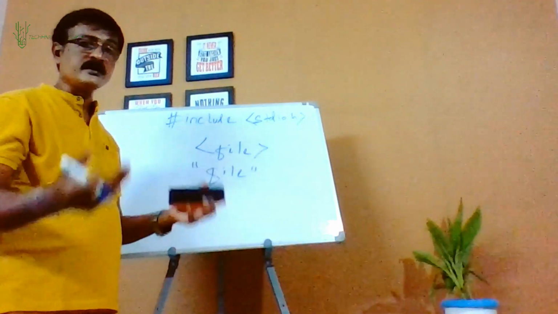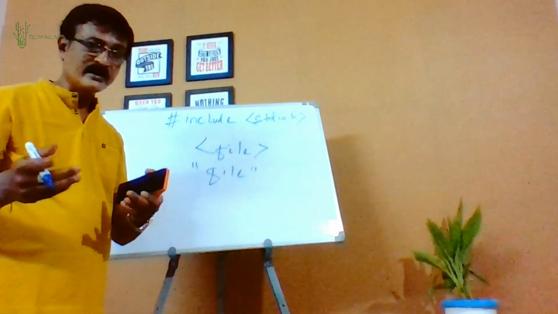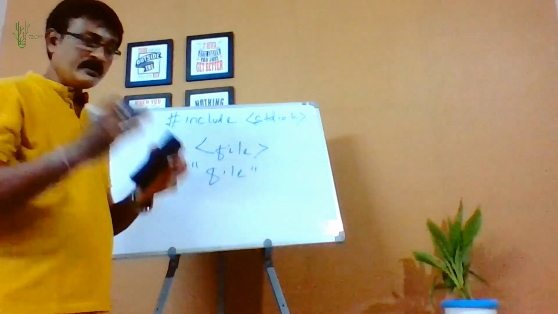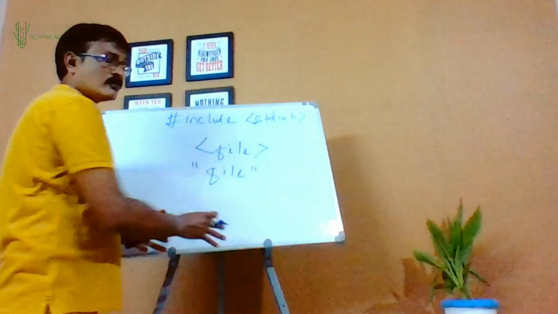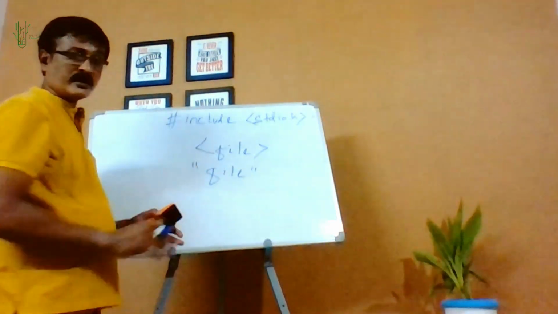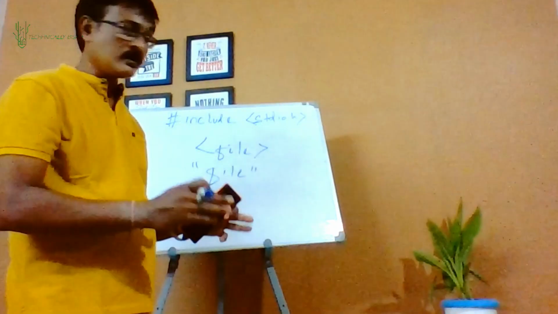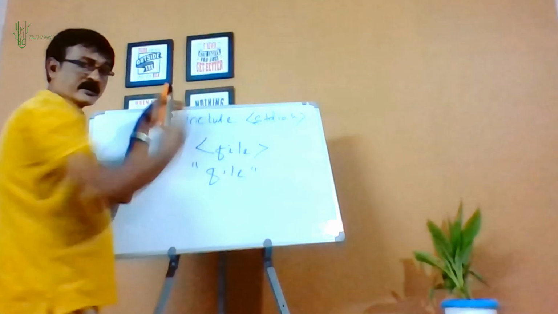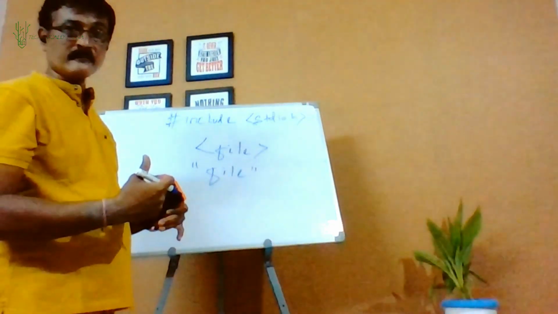There is a folder TC include. There are folders like this. Within those folders, there are all those files which are used inside a program. For example, stdio.h will be there inside the include folder. So we are simply including means we are trying to extract that file from that location.